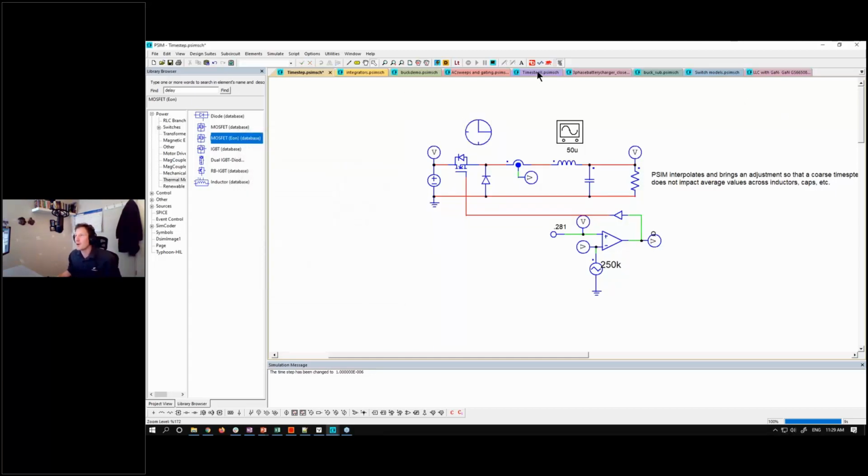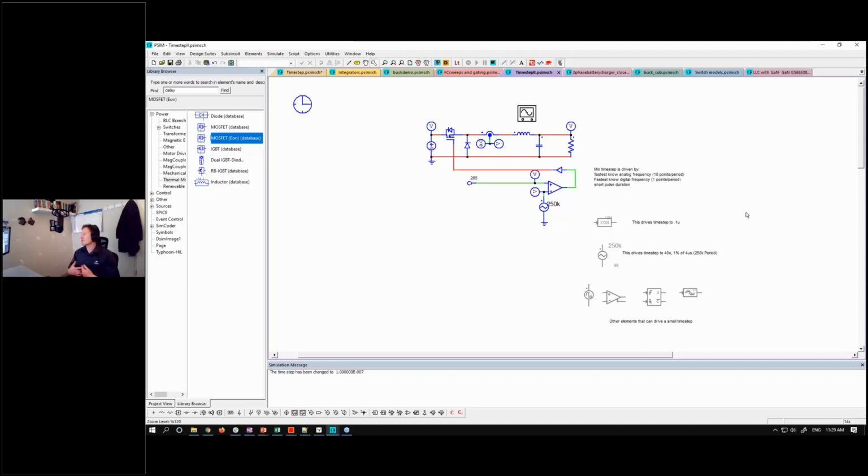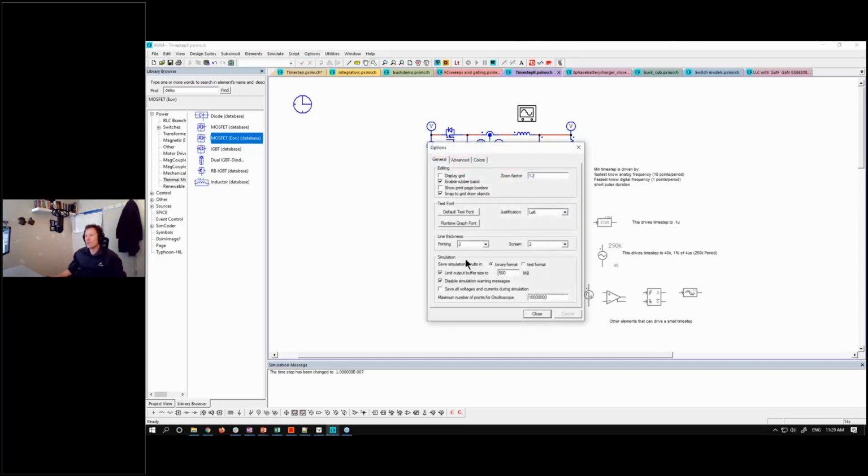So the next thing to consider, there are some questions coming in. Did you add a new probe without rerunning the simulation? No. If you're adding elements, you need to add that in and resimulate. There is an option if you want to save all voltage and current waveforms, right here in the menu, in settings.